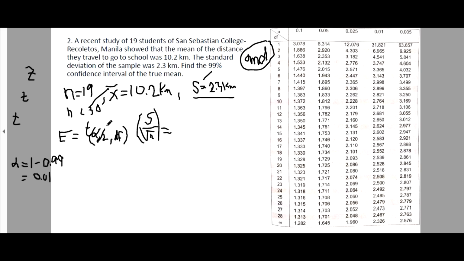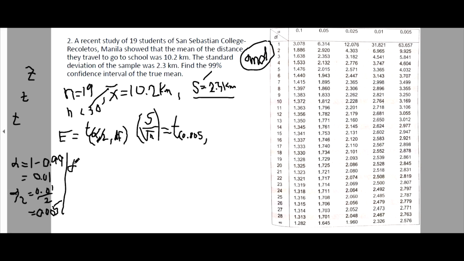But take note, we need alpha over 2, so we will divide this by 2. 0.01 divided by 2 is 0.005. So we have now t sub 0.005.